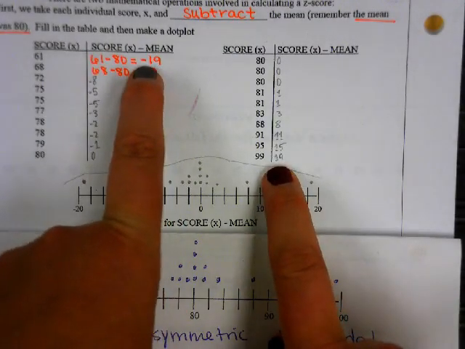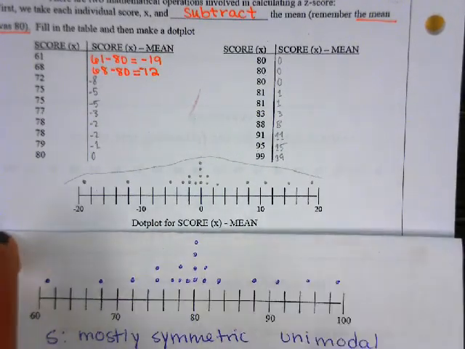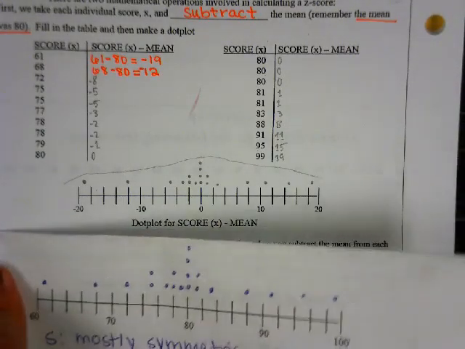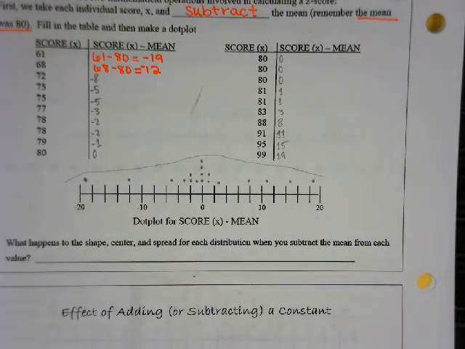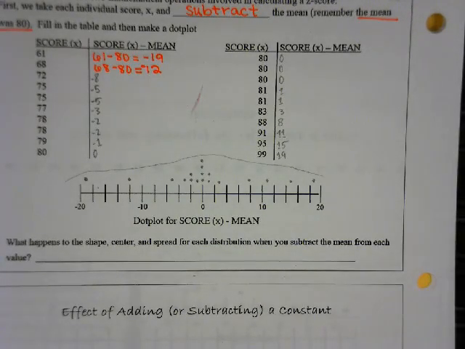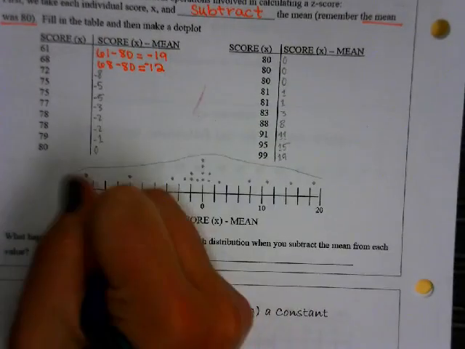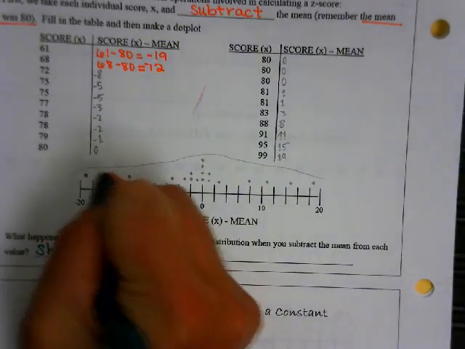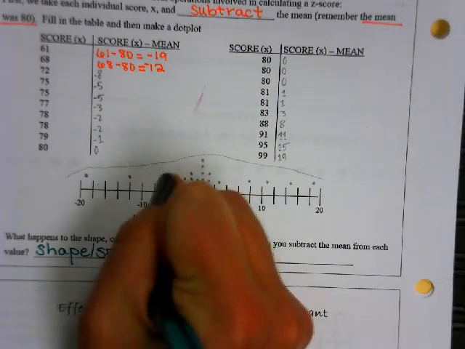So when we subtract the mean, or subtract anything from our observations in general, it changes the center, but it leaves the shape and the spread the same. So shape and spread stayed the same.